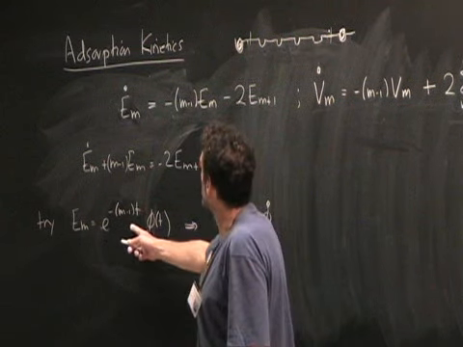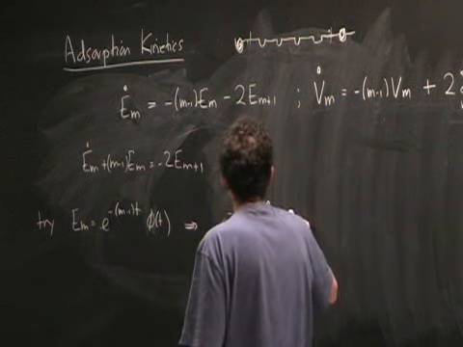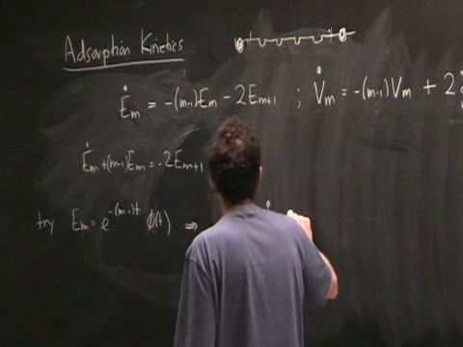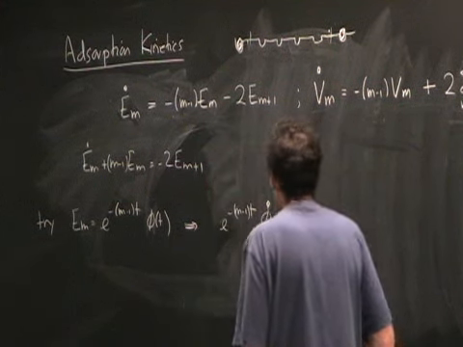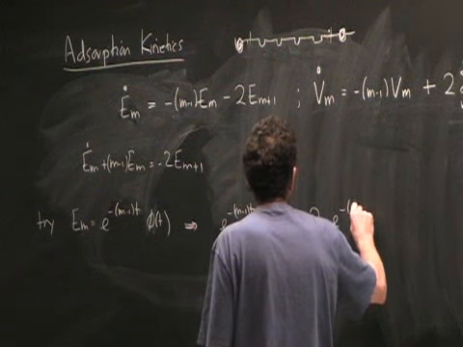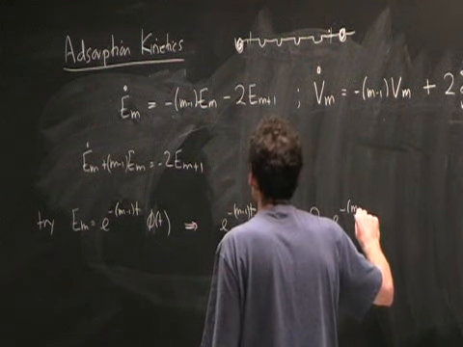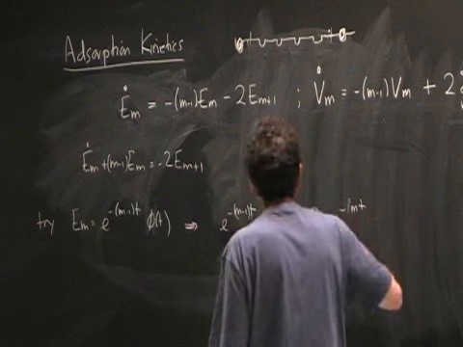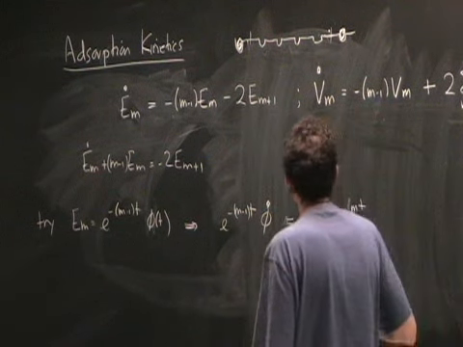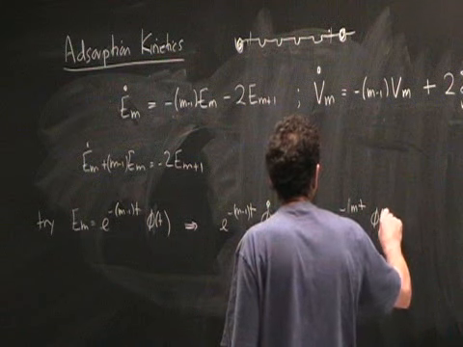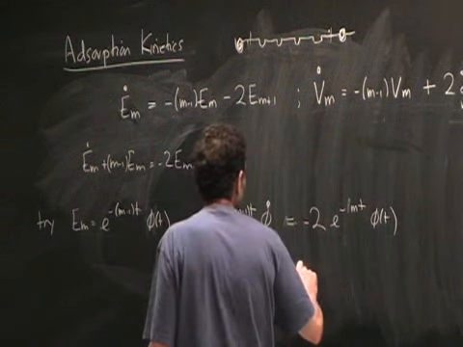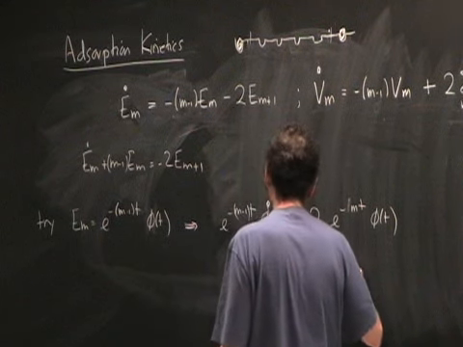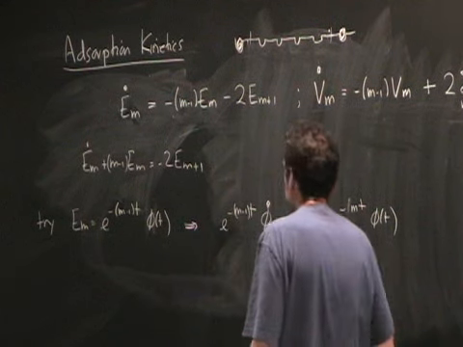The term where I differentiate the exponential is going to cancel by this one. And that's equal to minus 2 E_(m+1), which is e to the minus m t times phi of t. Or phi dot is equal to minus 2 e to the minus t phi.